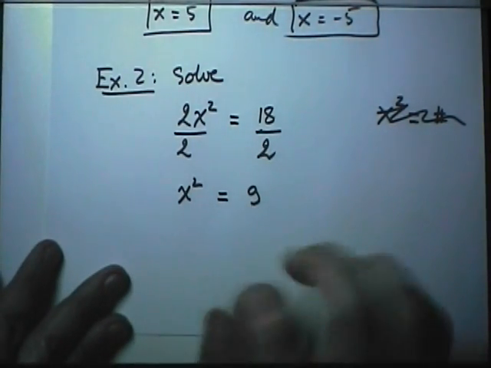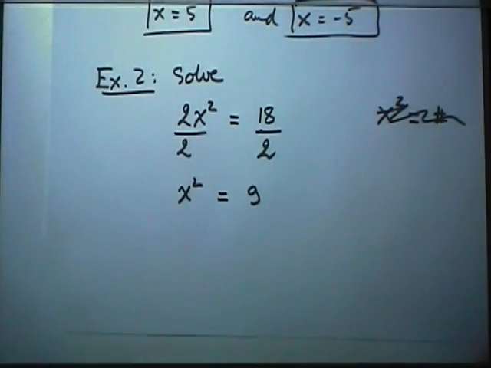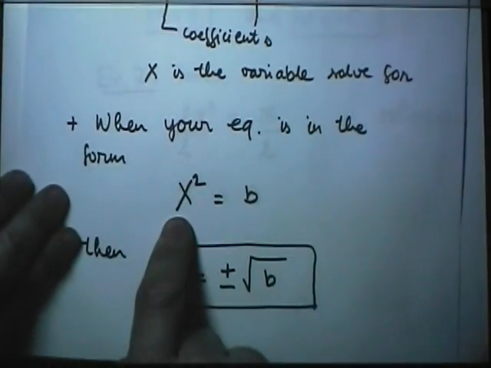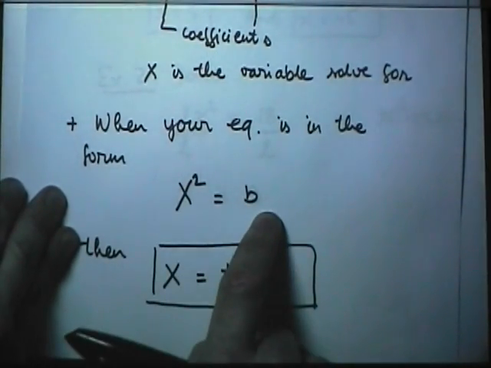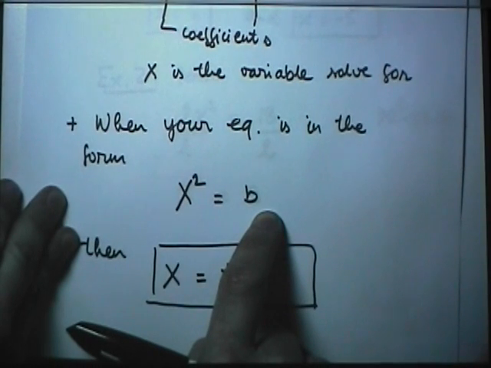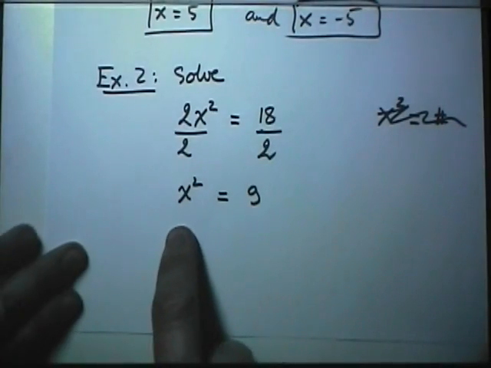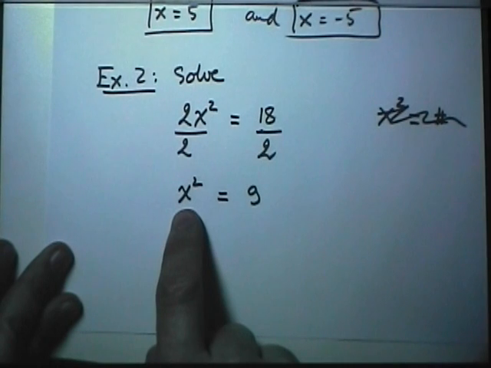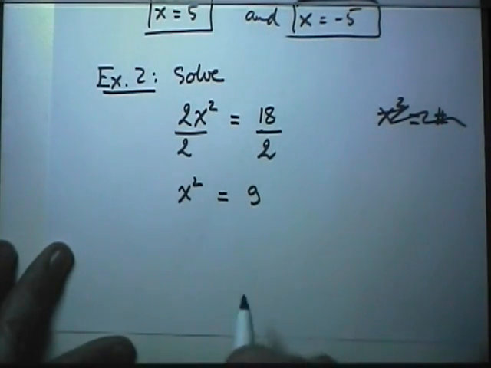Now I'm back to the traditional form: x squared, a square on one side, equals a number on the right side. So when I bring my equation into an x squared, or some expression squared, on the left side, I'm safe to use my square root property.